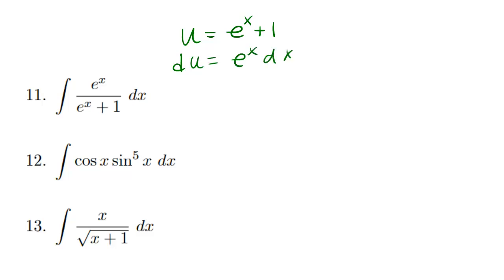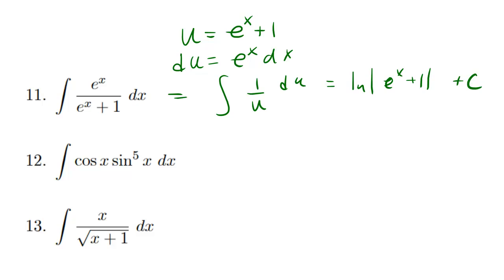And so that really simplifies this one right here as du with a 1 over u. All right, so it's the natural log of u plus a constant, but in this case, u is e to the x plus 1 plus a constant.